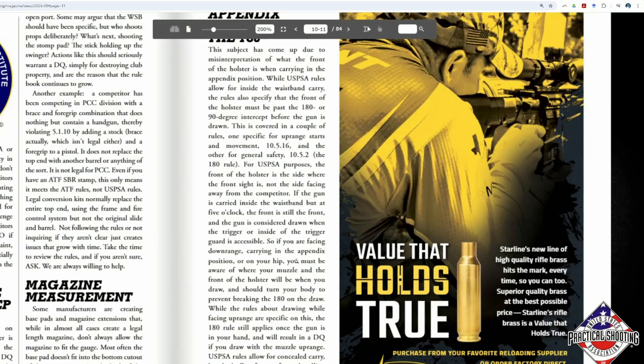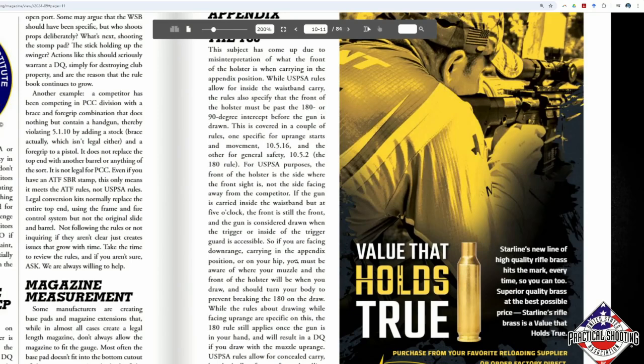Issue number two. Many carry optics and optics gun competitors don't have front sights on their slides. So that's another technical issue: technically there's no front sight. So which side is it?